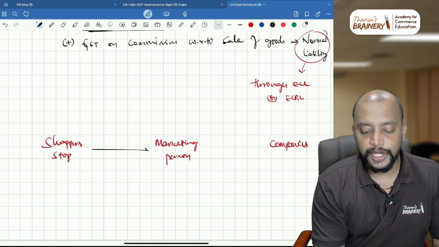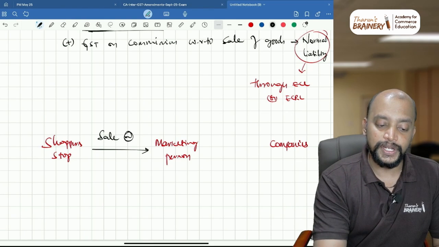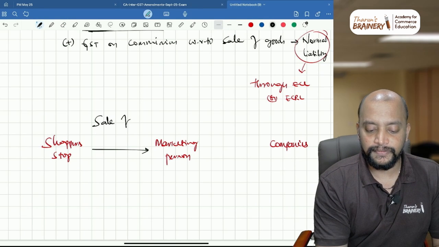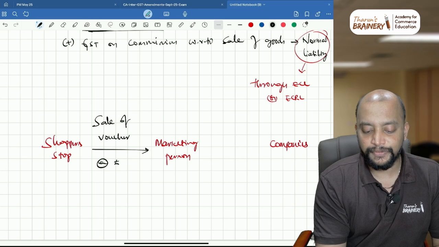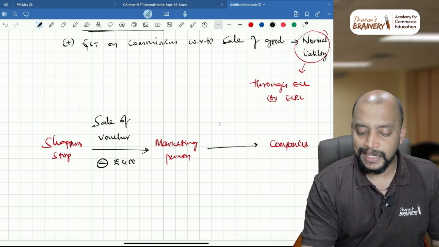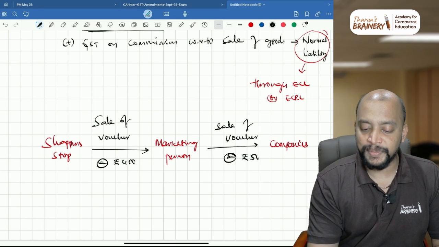Now Shopper's Stop will make a sale of voucher at rupees 400. And what will the marketing person do? Will make a sale of voucher at 500 rupees.